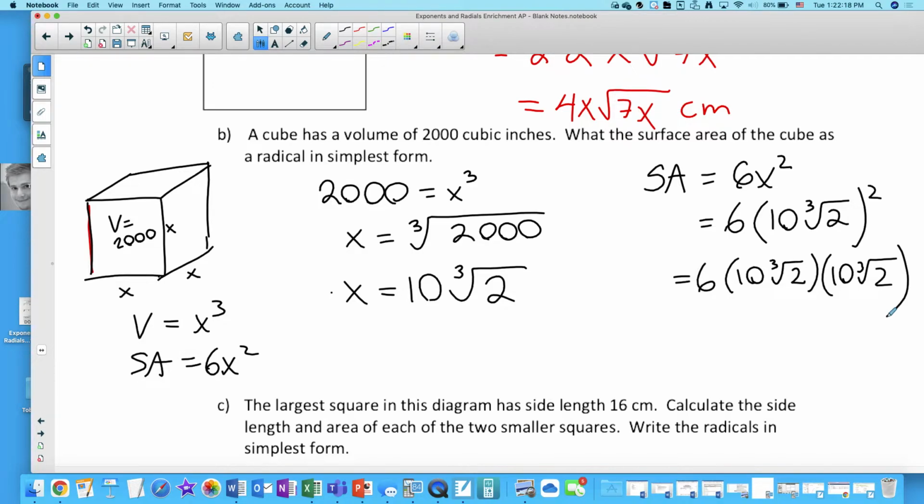And it's already simplified. So 6 times 10 is 60 times 10 is 600. Cube root of 2 times 2 is 4. Centimeters squared. Inches cubed. Oh, shoot. Inches cubed. Squared. Surface area is an area. You're right. Okay. Inches squared.